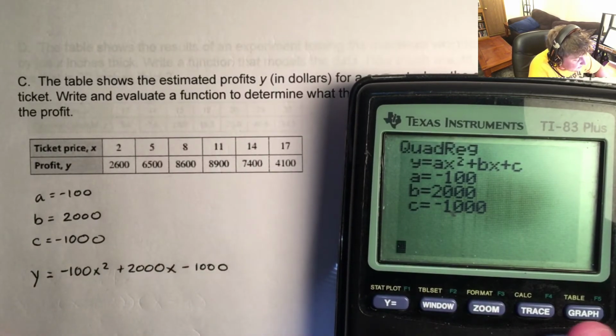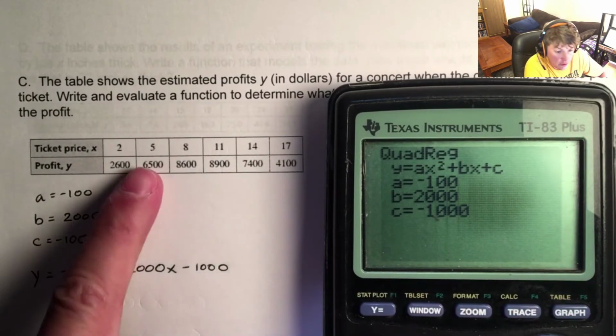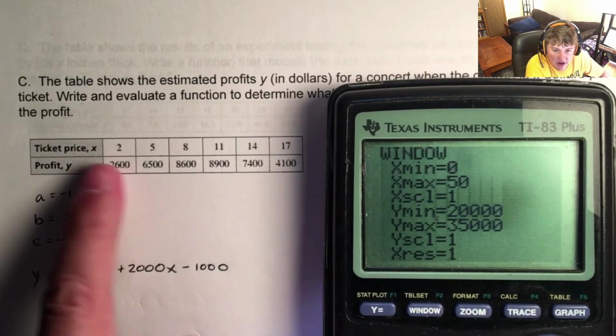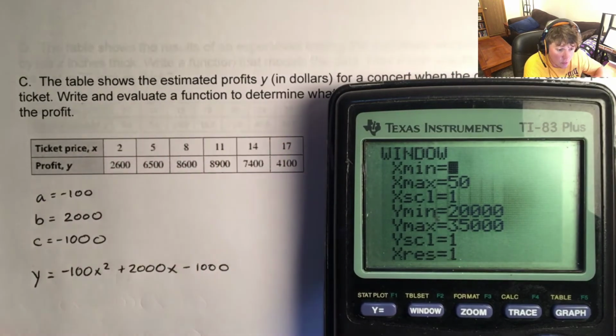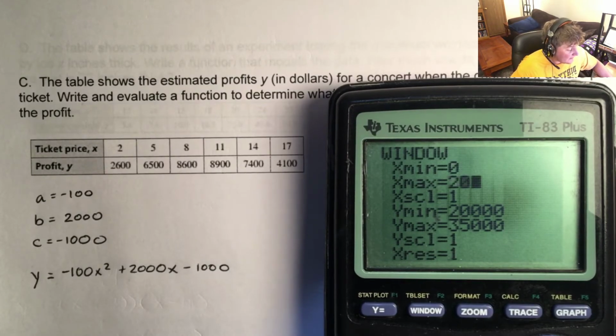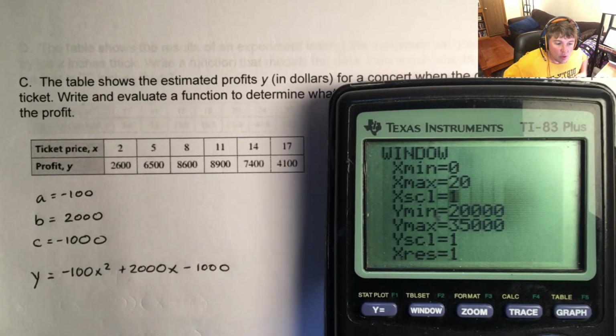Let's set up our window by looking at our x and y values so we know where to look. It looks like our x values go from 2 to 17. So what would be a reasonable window of x values? Starting at 2, we need to get to at least 17. I think it seems reasonable to go 0 to 20, maybe 25, something a little past. What about the y values?